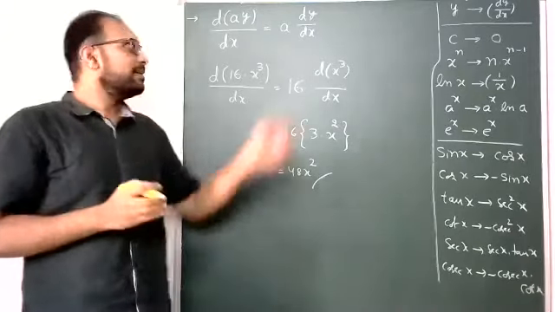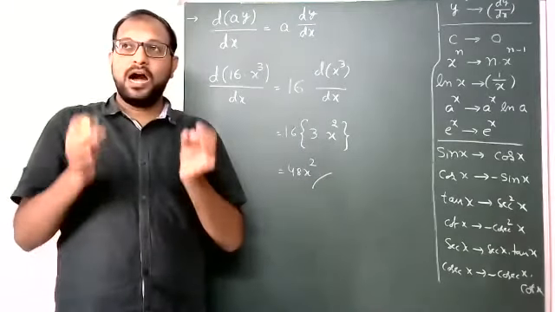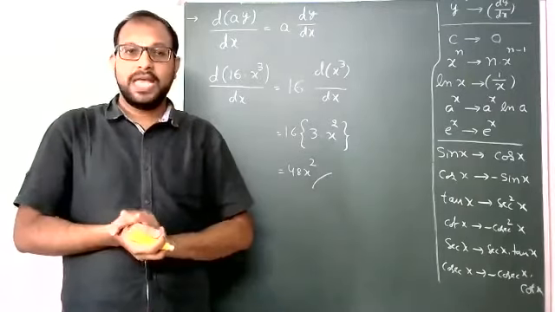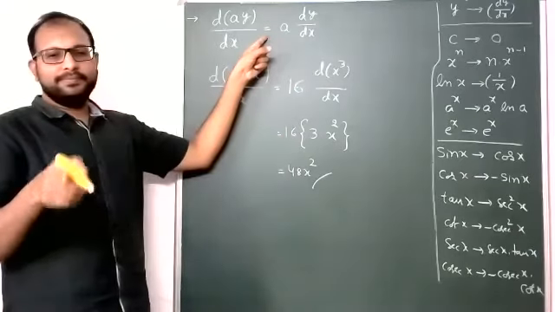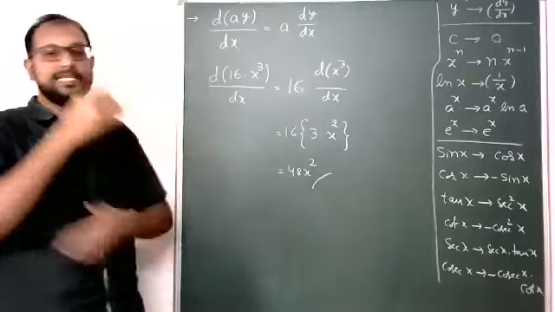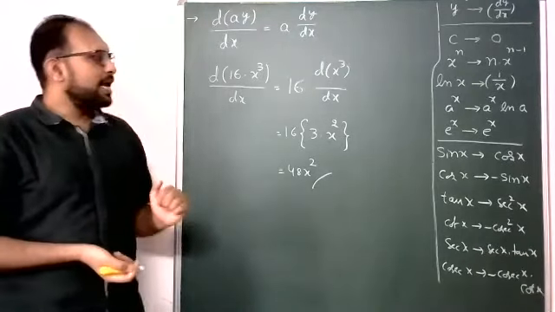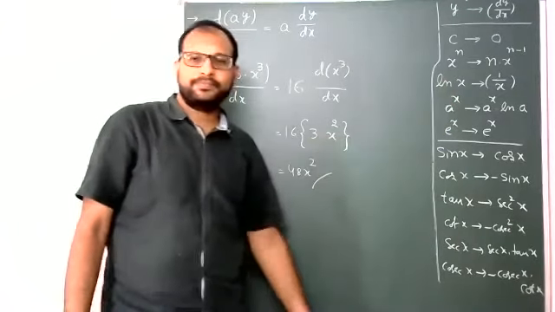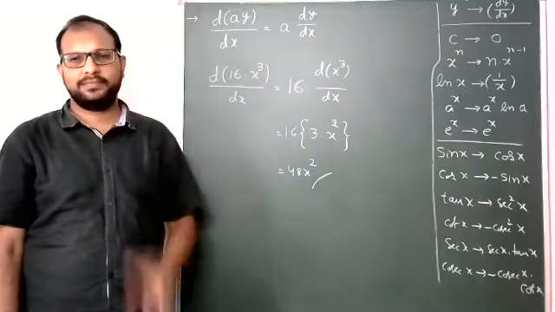That's why students, this principle is a property of differentiation. How to utilize that, you need to know. 16 into tan x, this property is valid. But tan of 16x is not valid. That is another rule. Now, suppose here a to the power of x. A means some number, for example, 2 to the power of x.